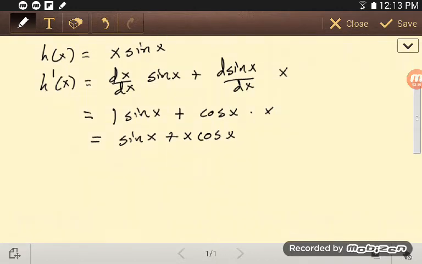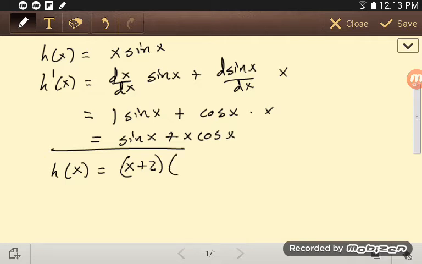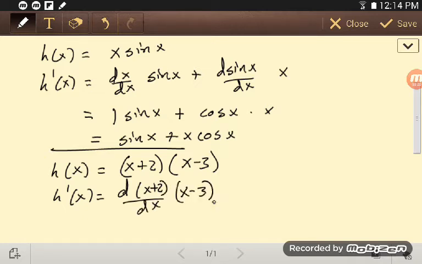Similarly, if we take a couple of linear functions, so let's let h of x equal something pretty simple like x plus 2 times x minus 3. Then, if I want my derivative, again, that's the derivative of x plus 2 with respect to x times x minus 3 plus the derivative of x minus 3 with respect to x times x plus 2.